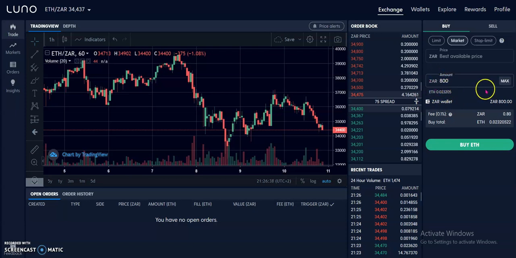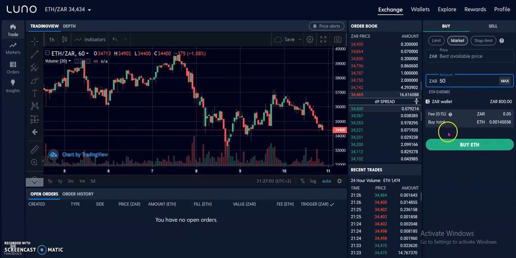You can either use a maximum order, where you click max and it will use all the money you've got in your wallet, in this case our rand or ZAR wallet, because we're trading the Ethereum ZAR pair. But we don't want to use the maximum amount. We want 50 rand, so we're going to try 50 rand.